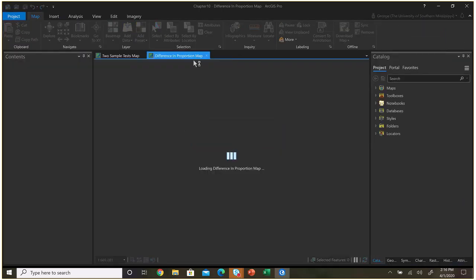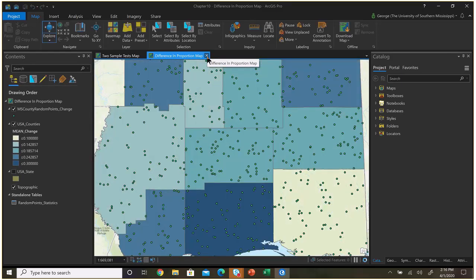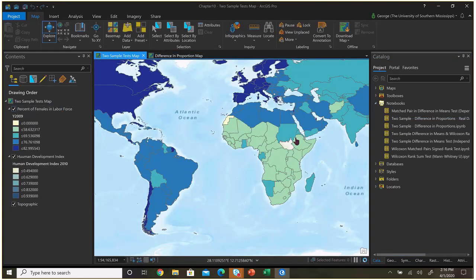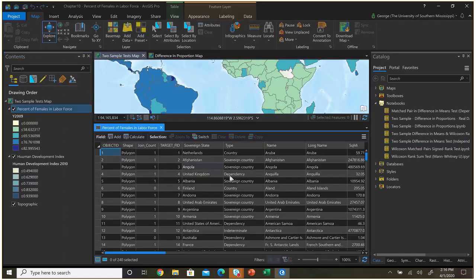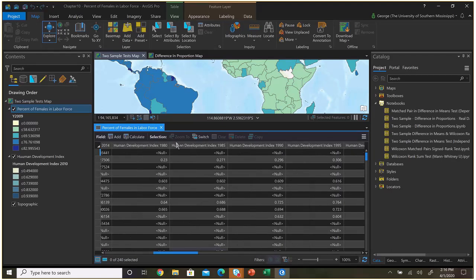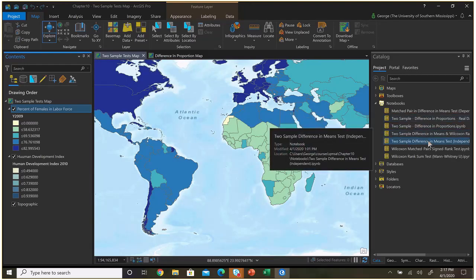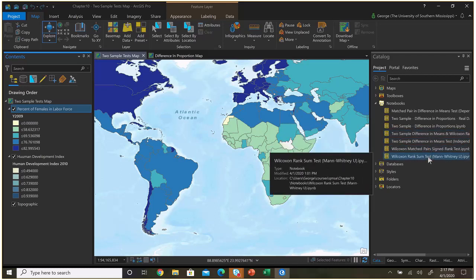So if I go here, you'll see if I look at the data, the groups are in a column called, well, actually they're not in there. They're in the notebook. Difference in means test with real data is what I need.